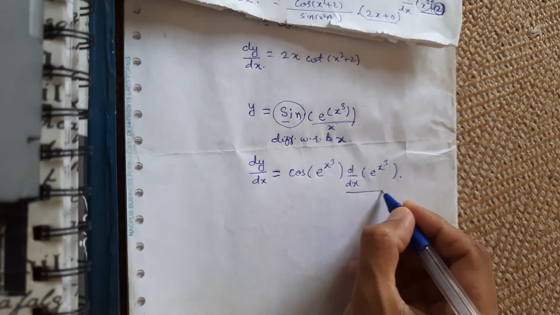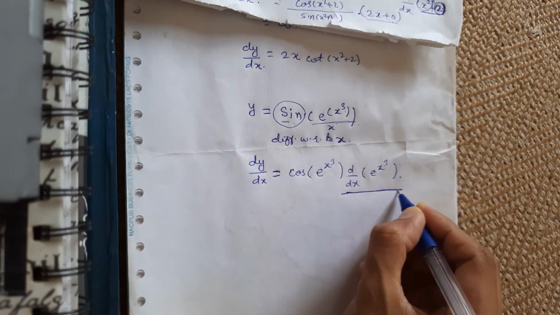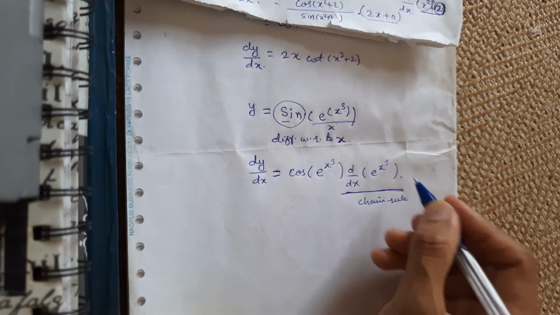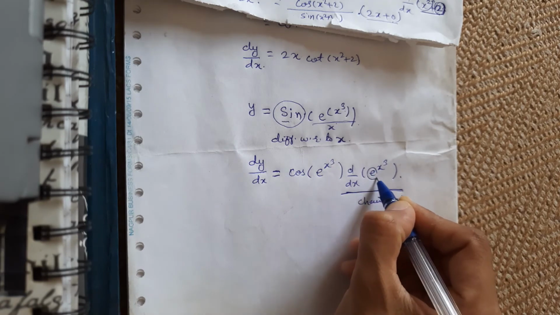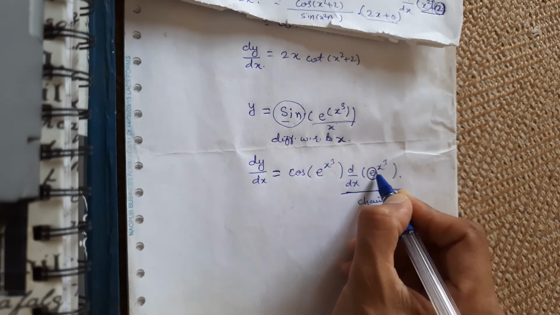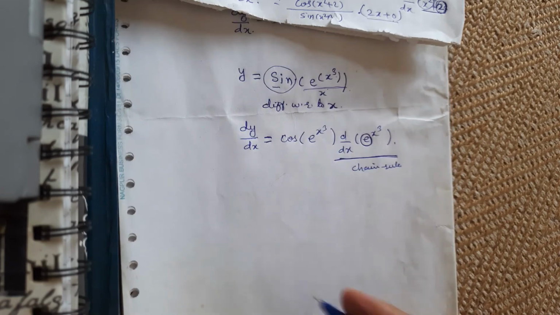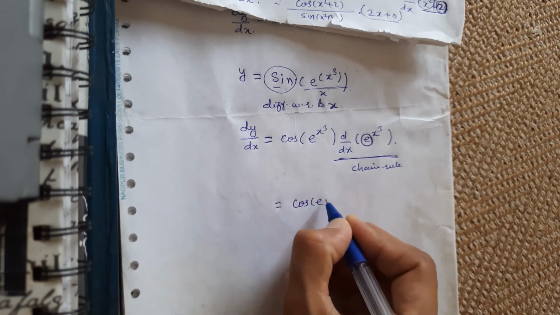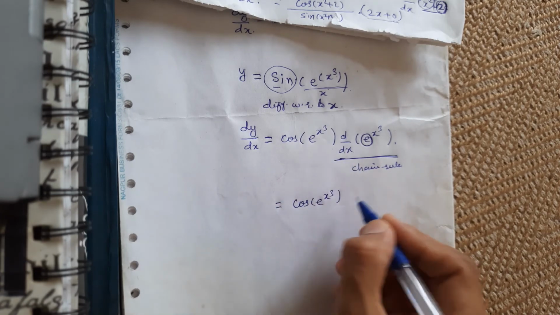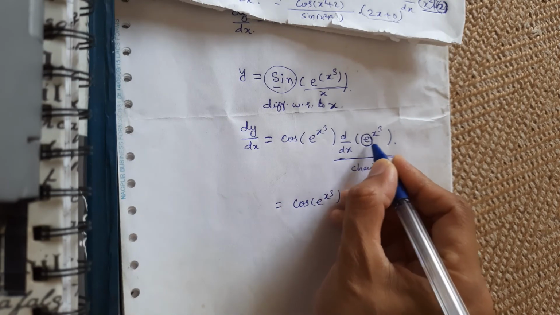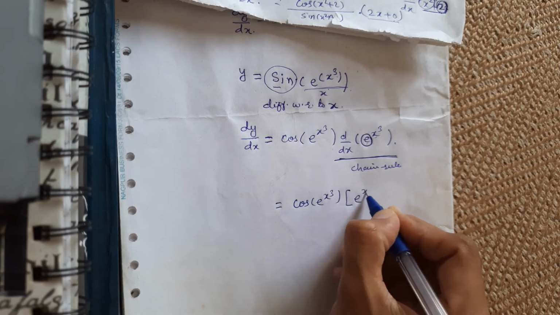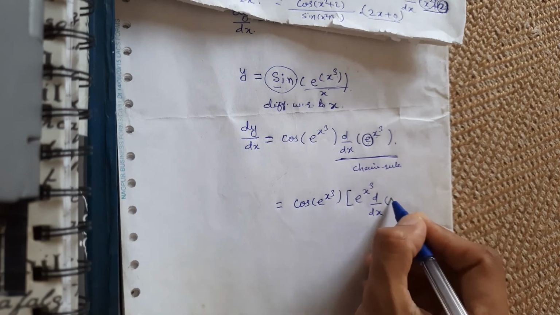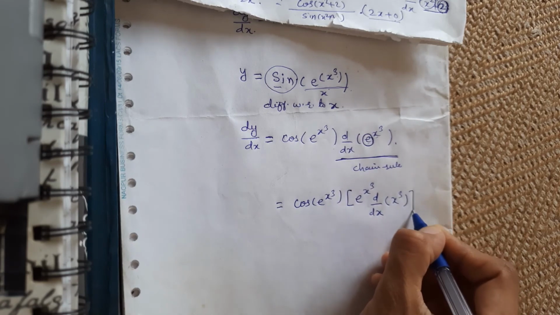Okay. Now again, to find the derivative of this function, I again use the chain rule. So again, my outer function is the exponential function here. Derivative of e to the power x is e to the power x again. So cos(e^(x^3)), this is as it is. Now derivative of e to the power x cube is e to the power x cube into the derivative of the inner function, that is x cube.